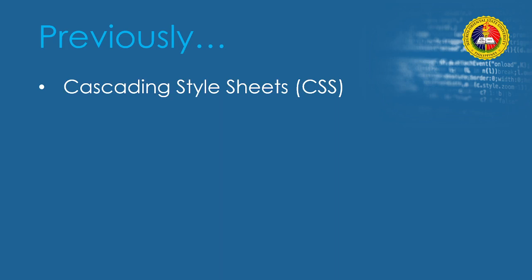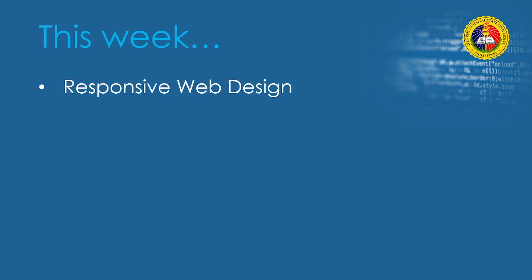We only have a very limited amount of time, so I just have to introduce you to the technology or the lesson, and then I'm going to need you to study it on your own. So that was last time, cascading style sheets, and this week we'll talk about responsive web design.